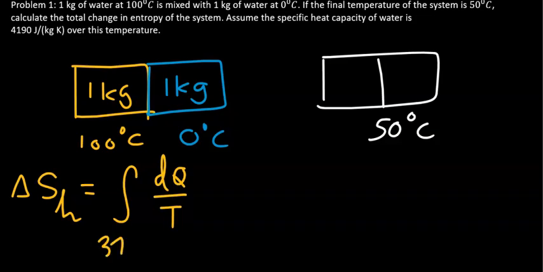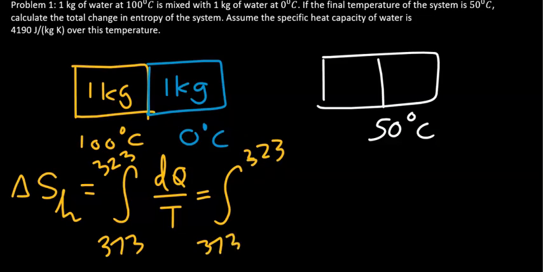So the initial temperature in Kelvin is 373, the final temperature in Kelvin is 323. 50 degrees Celsius is 323 Kelvin. Since this involves specific heat, we have to use the equation that we have seen in one of our previous videos, and that is mc dT over T.